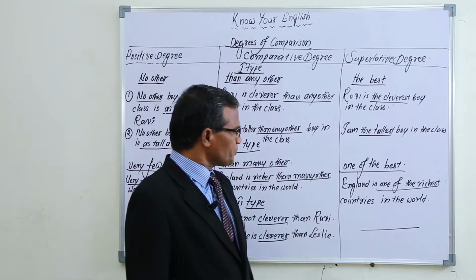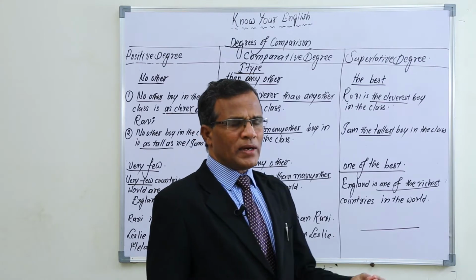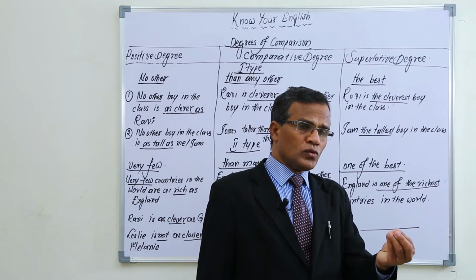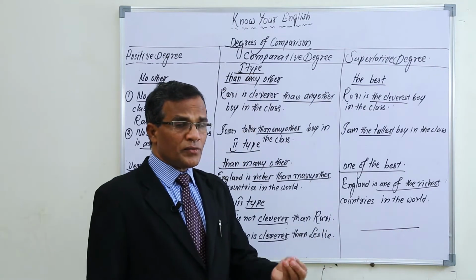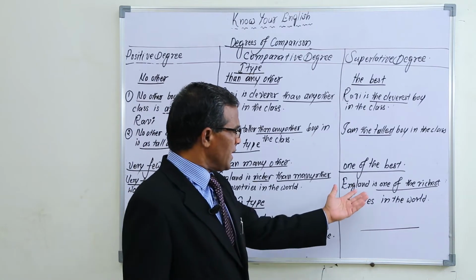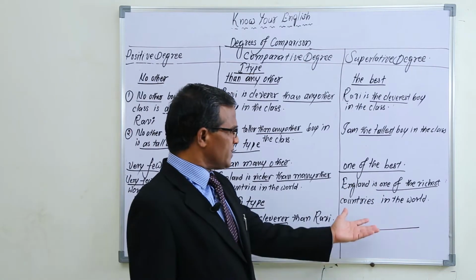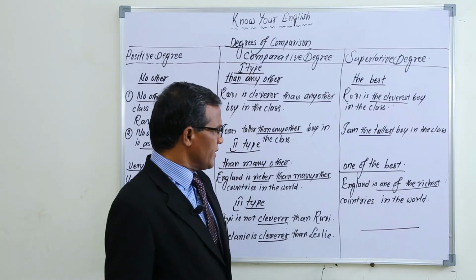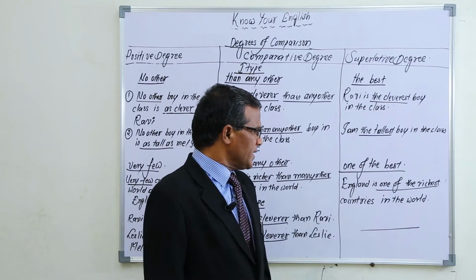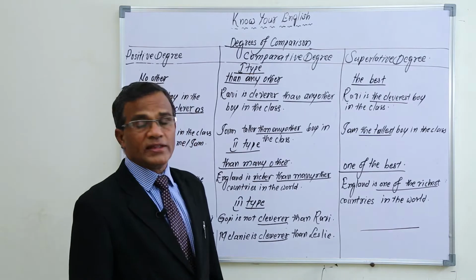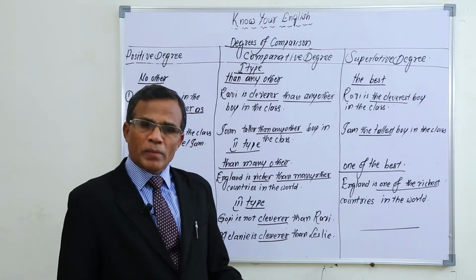And in the superlative degree, a few people are there, and among them, if the person or thing is the greatest, we can use it in this way, like "one of the best." England is one of the richest countries in the world.